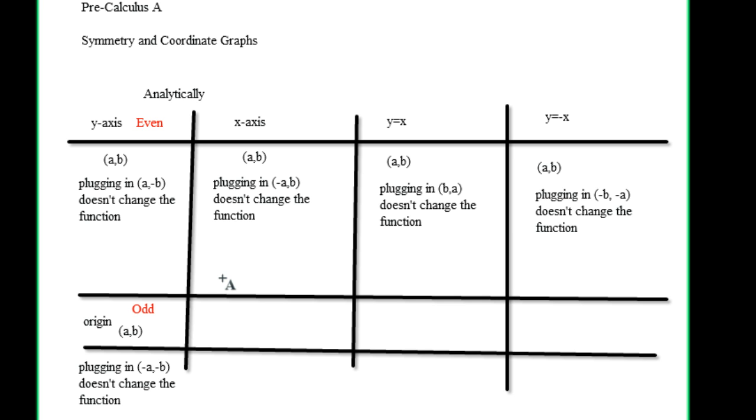All right, so once again, you just plug it in, you just see it. So let's take a typical one. Let's change the color back to black, because that would just be crazy. All right, so let's say we had f of x equals x to the fifth.